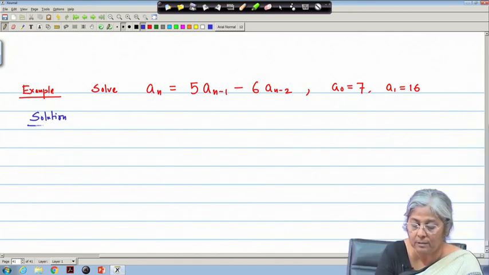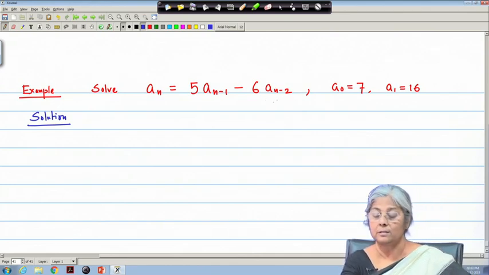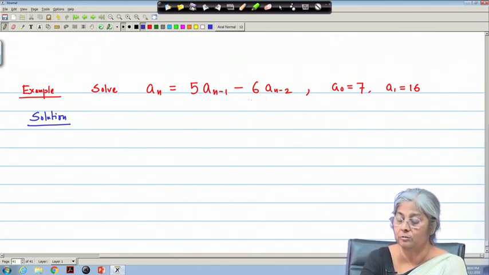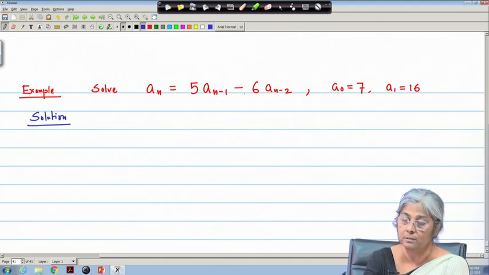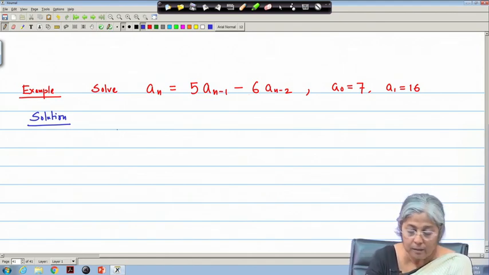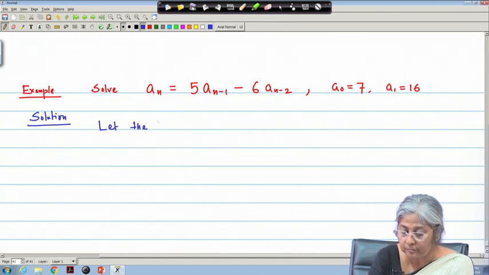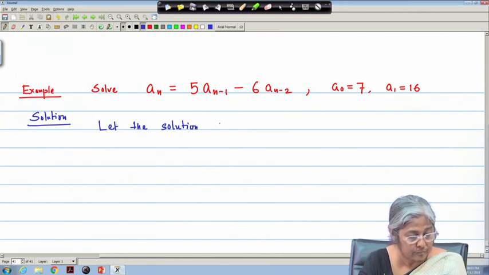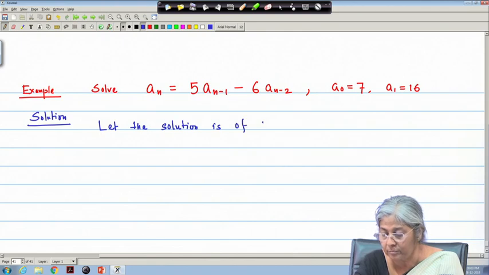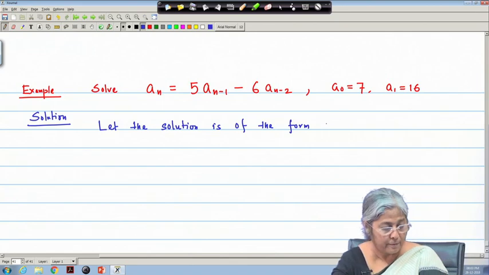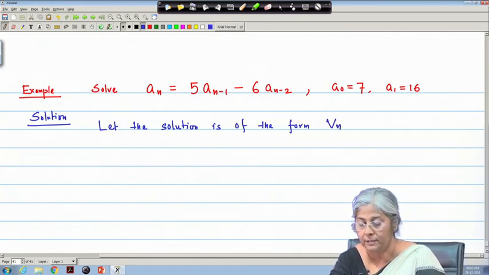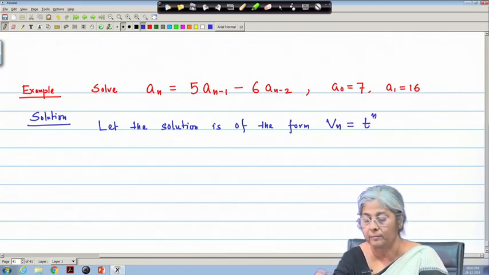So, first thing, this is a linear recurrence relation, homogeneous with constant coefficients, 5 and 6 are constants. Now, let the solution be of the form, say V_n equal to t to the power n.